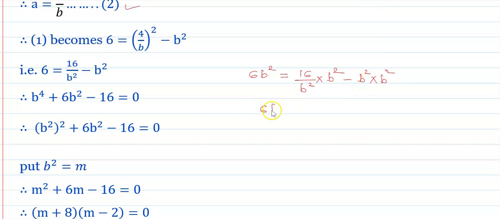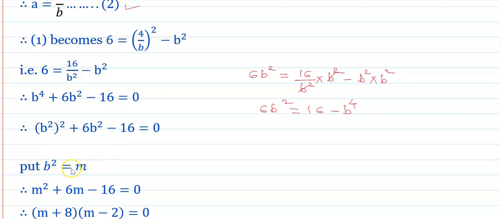This 6b square आला तुम्हाला. This b square will get cancelled, equal to 16 minus b raised to 4. पुन्हा हे क्वाड्रॅटिक इक्वेशन कसं लिहिणार, हे टर्म आपण लेफ्ट हँड साइडला आणणार. Therefore it will become b raised to 4 plus 6b square minus 16 is equals to 0. That is b square bracket square plus 6b square minus 16.